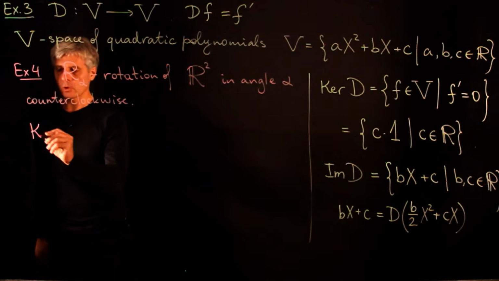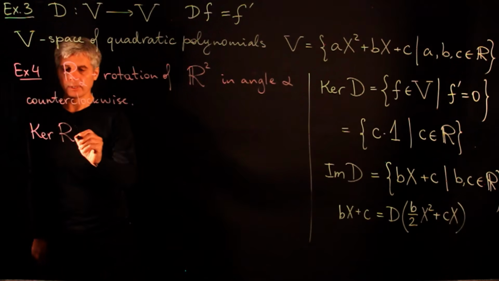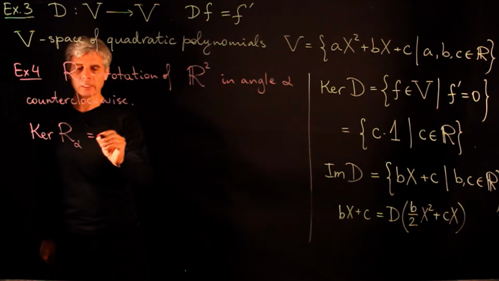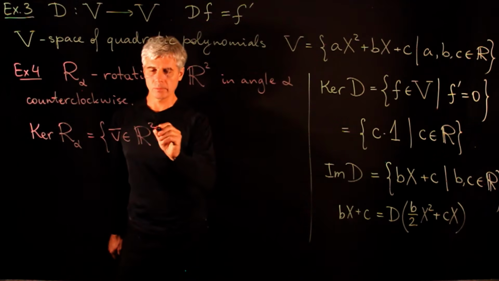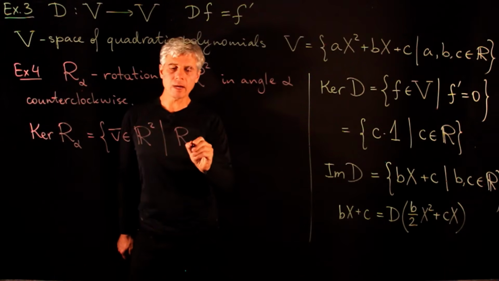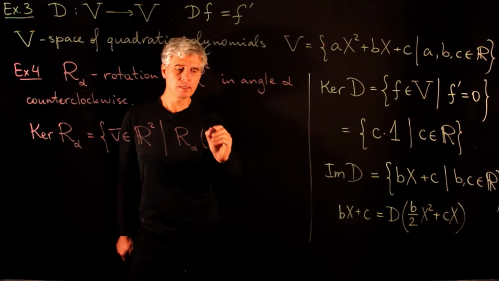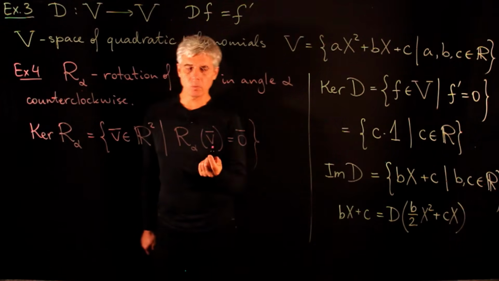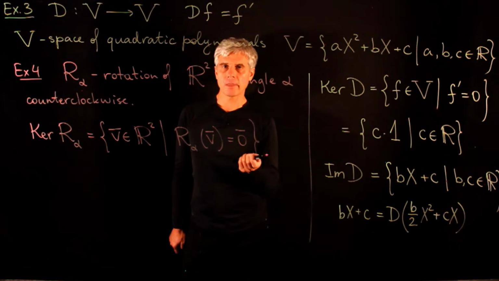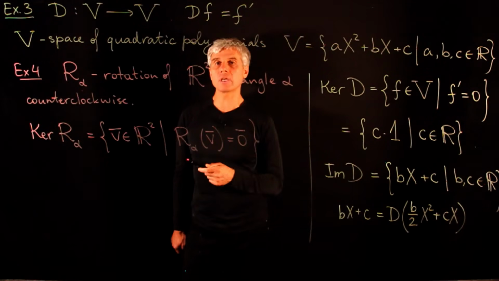So what is the kernel of R alpha? Well, this is the set of vectors v in R2 such that R alpha applied to v is the 0 vector. Now, we are looking for vectors that become the 0 vector after rotation.